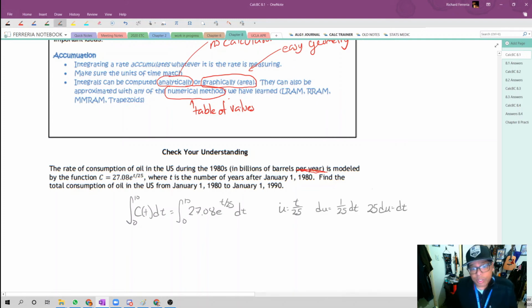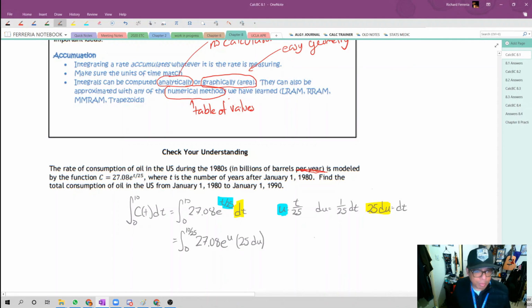We're going to use a u substitution because u is t over 25, du is 1 over 25 dt, or dt is equal to 25 du. So we're going to do our substitutions. T over 25 is going to turn into u, and dt is going to turn into 25 du.